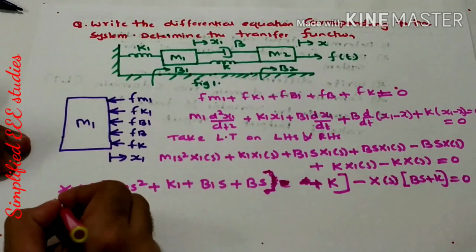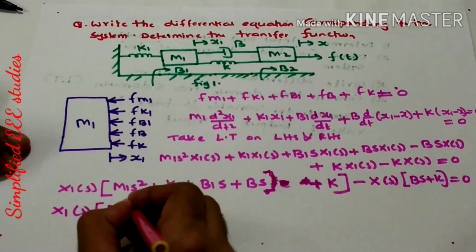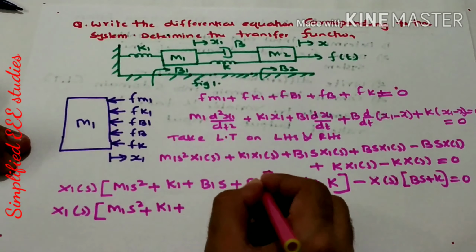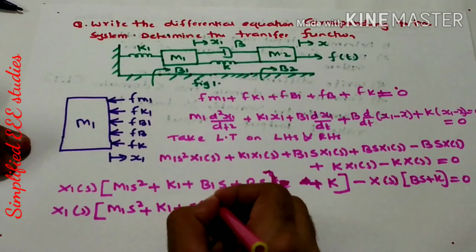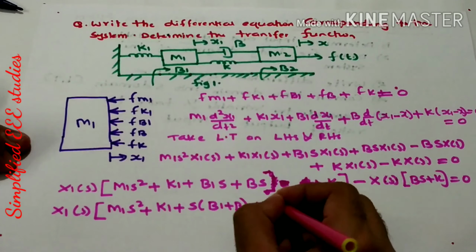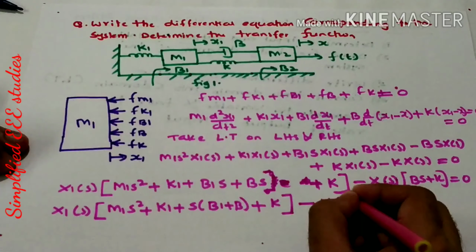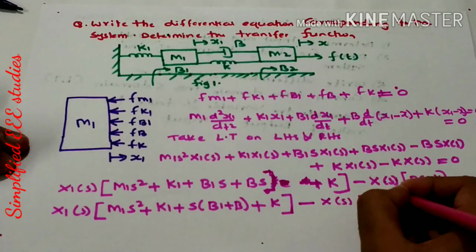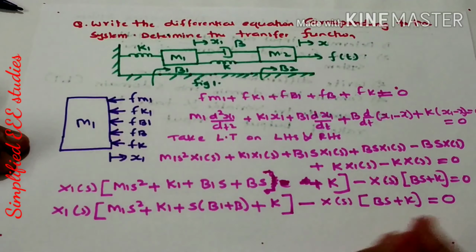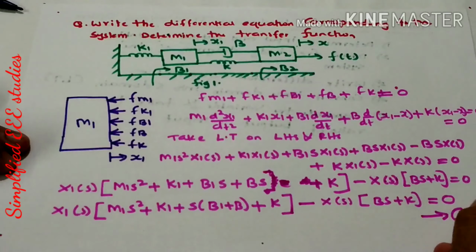I will be rewriting for your betterment. x1 of s into, what you can write, m1 into s square plus k1 plus, if you want you can take s as a common factor, s into b1 plus b. You can call this one as equation number 1.